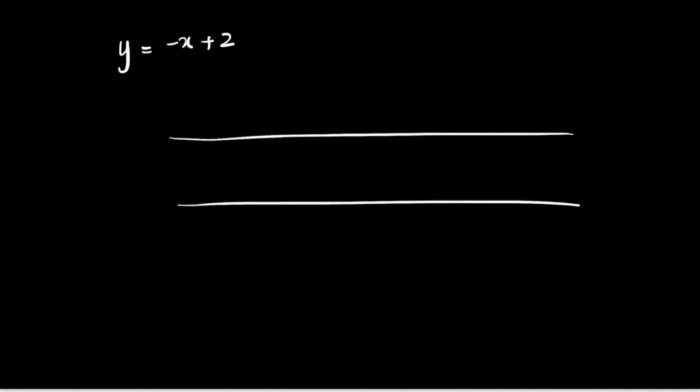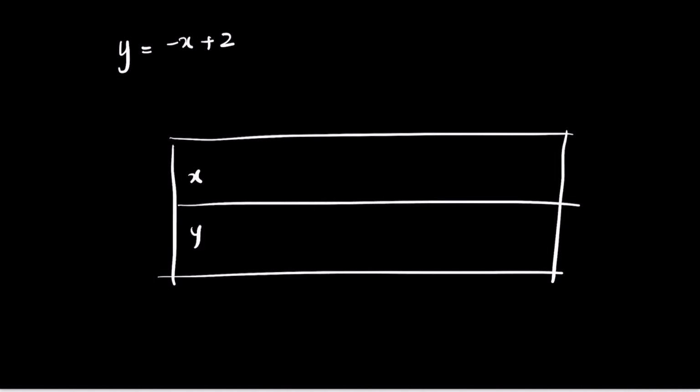So try on your own. This time try this example, y equal to negative x plus 2, and try this method by plotting points. For simplicity, in the table, x and y equal to minus x plus 2.